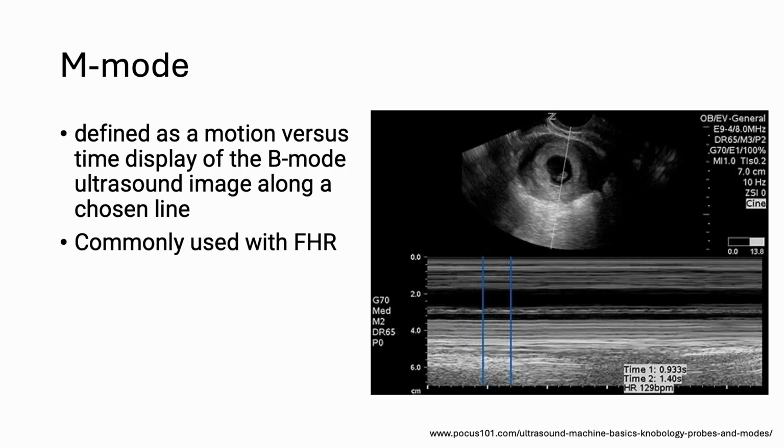So you see one movement there, you see the other movement there, and when you put the calipers on those two locations, it can tell you the fetal heart rate. In this image, it is showing a fetal heart rate of 129 beats per minute. And this is the safer option for assessing the fetal heartbeat because it has a low exposure when the baby is below 12 weeks. So this is what is recommended to use.